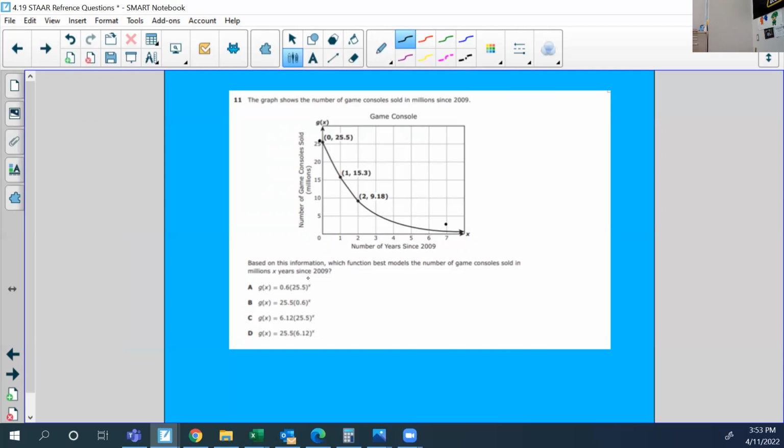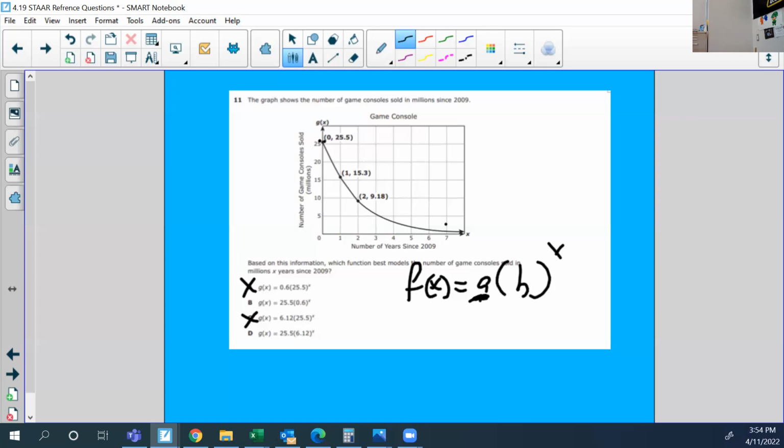So therefore, I can eliminate G and C. Because remember, in exponential, f of x is equal to a times b to the power of x. This number right here is your y-intercept. So by looking at the graph and the answer choices, my y-intercept here is 25.